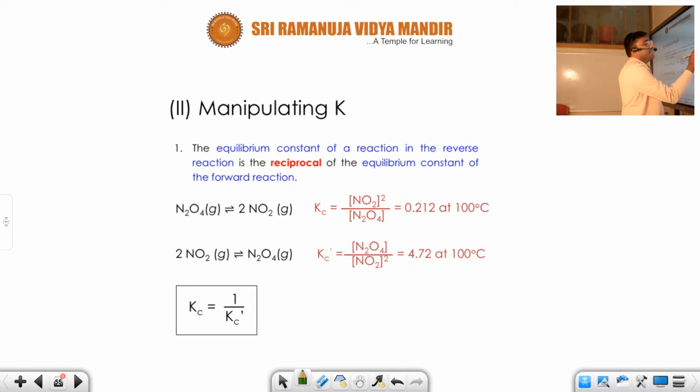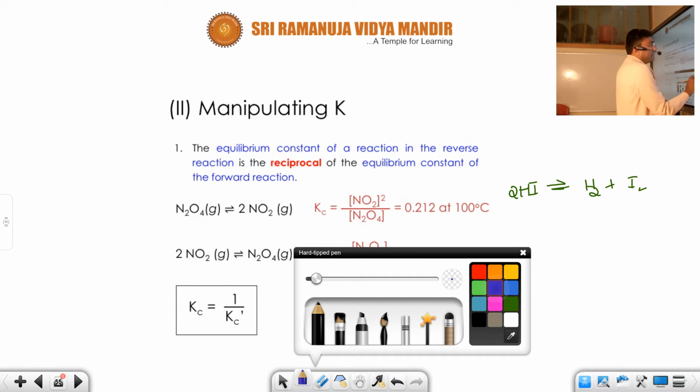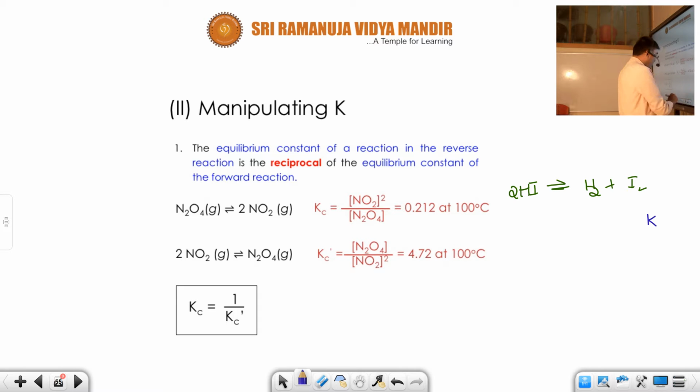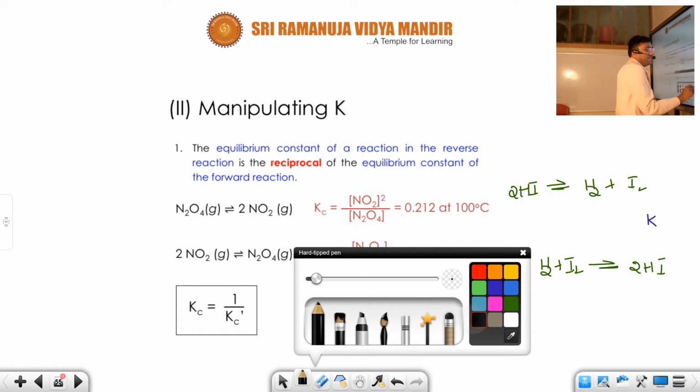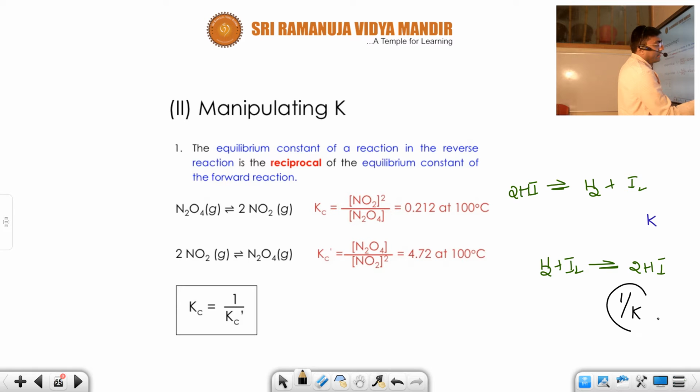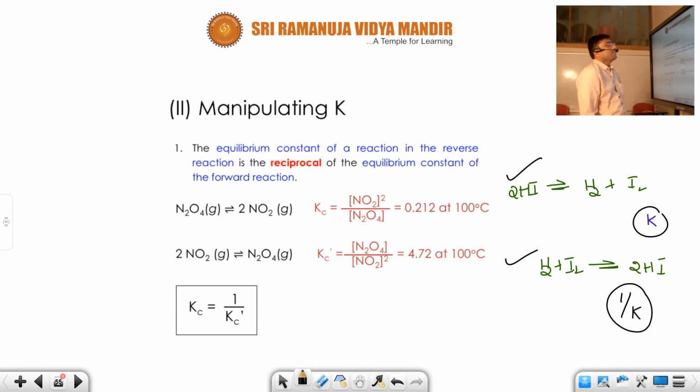For example, if you take a reaction like 2HI giving rise to H2 plus I2, and the equilibrium constant is K, then for H2 plus I2 giving rise to 2HI, naturally it will be 1 by K. So if you reverse the reaction, the equilibrium constant becomes its reciprocal.